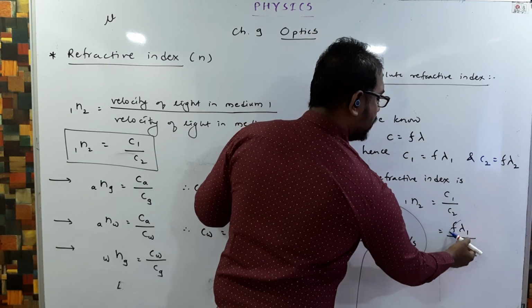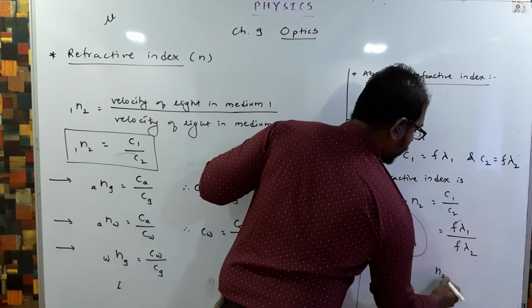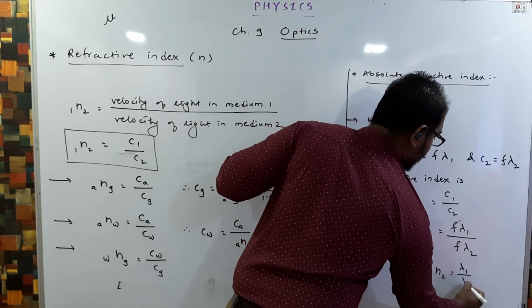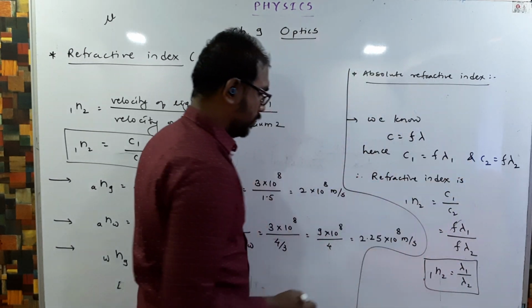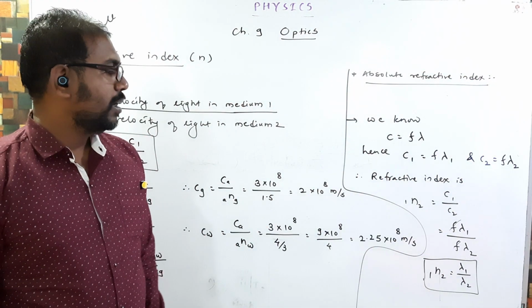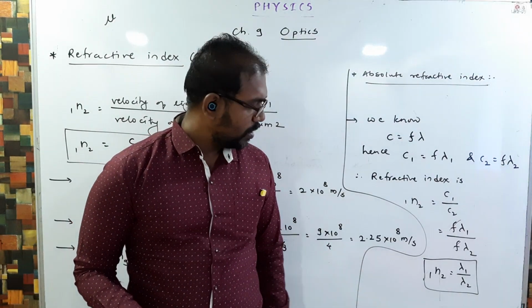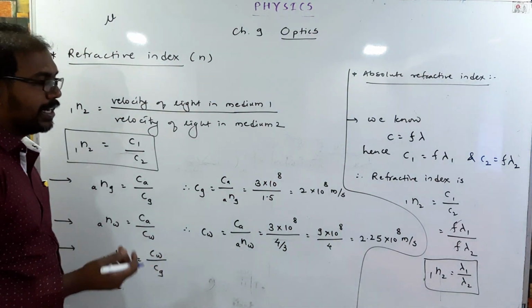Then here F is common and gets cancelled. So here we get the formula: refractive index of medium 2 with respect to medium 1 is wavelength in medium 1 divided by wavelength in medium 2. So we get a formula of the refractive index in terms of wavelength also. This is the second formula of the refractive index that you can remember.